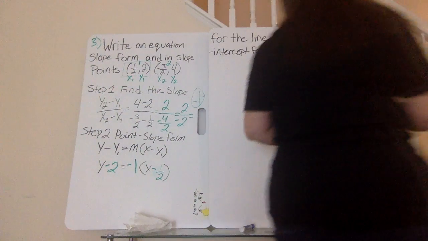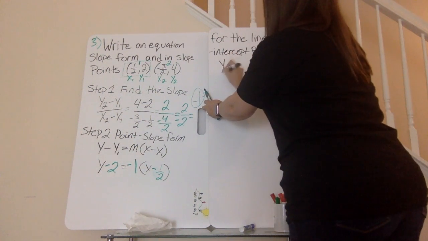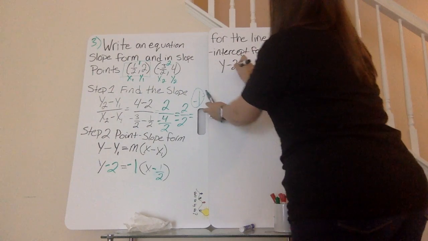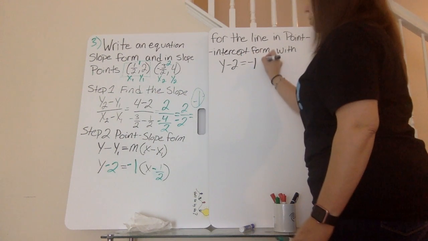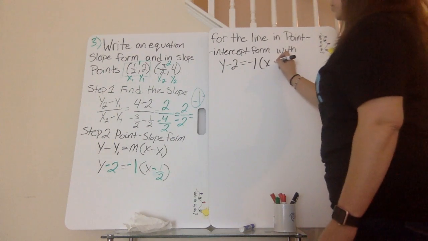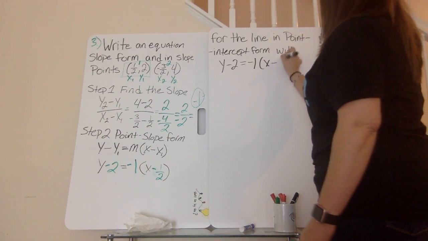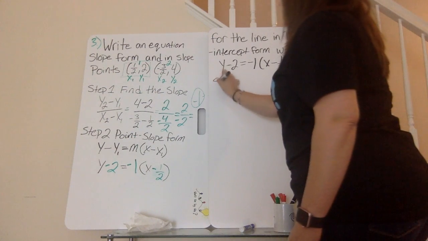I'm going to rewrite it up here. So y minus 2 equals negative 1 times x minus 1/2. And we're going to do step 3.